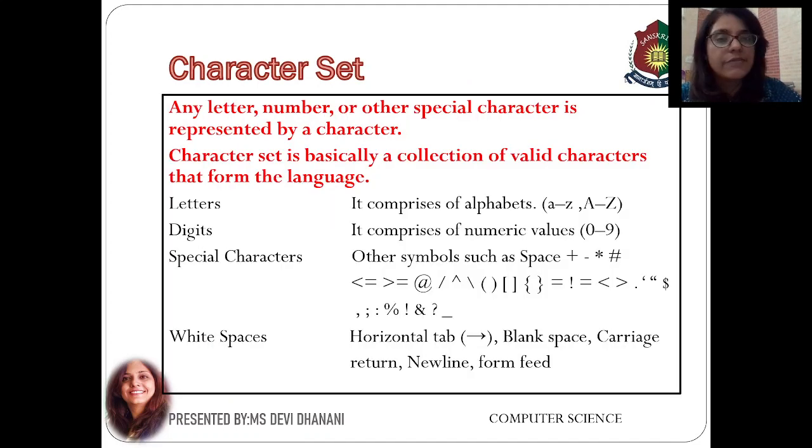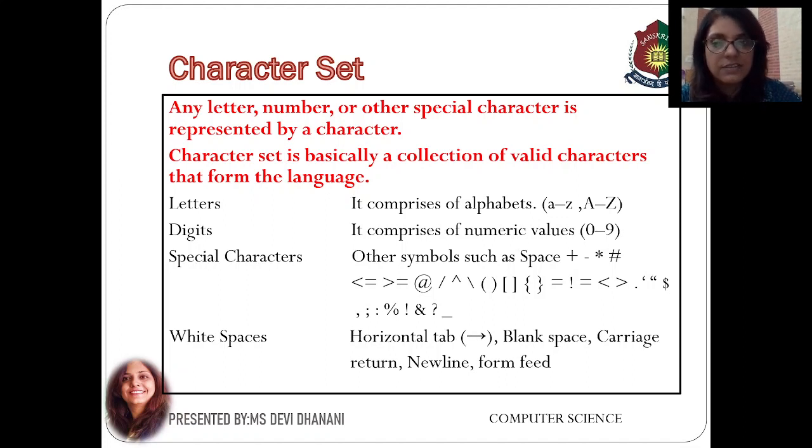So as you are aware that every language is basically made up of some or the other characters. Now this character can be a letter, a number or a special character, right? So Python programming language is also made up of a collection of valid characters. What are these characters?